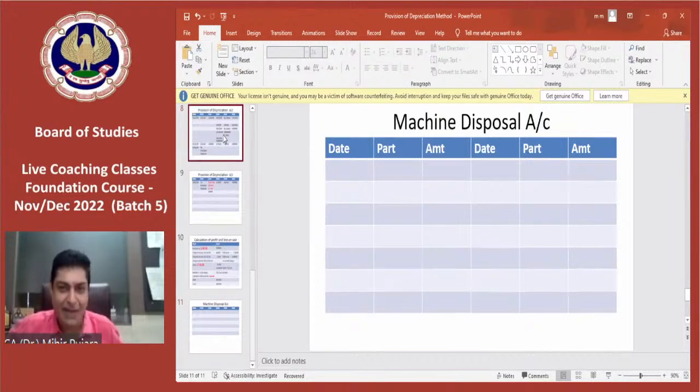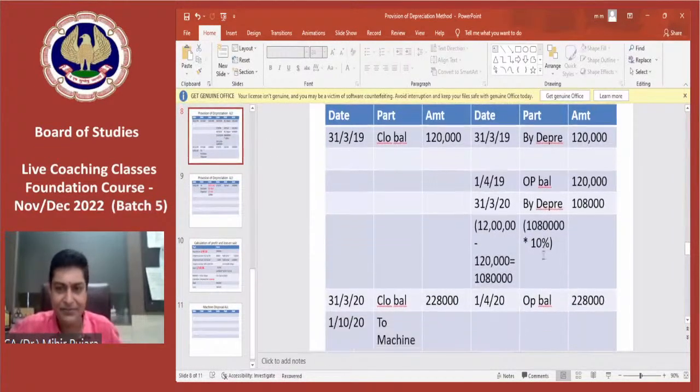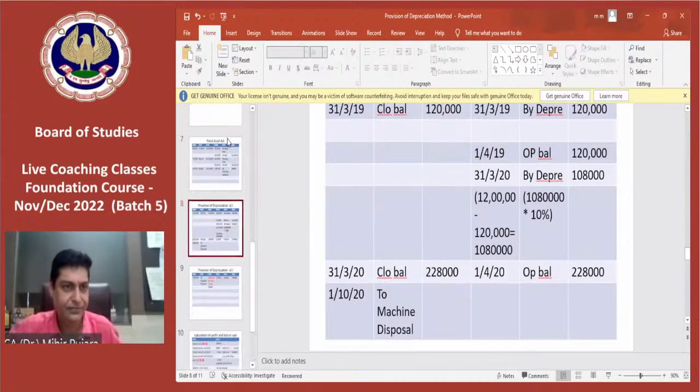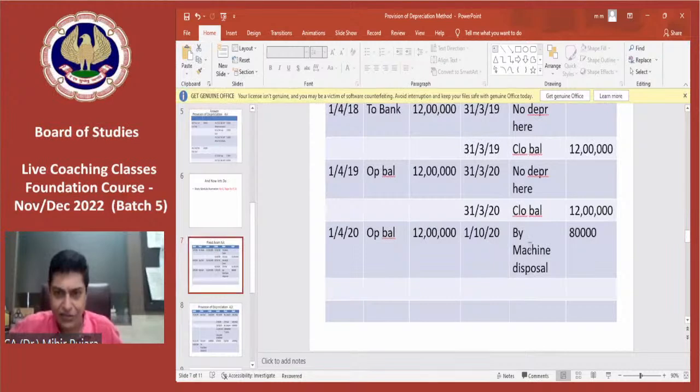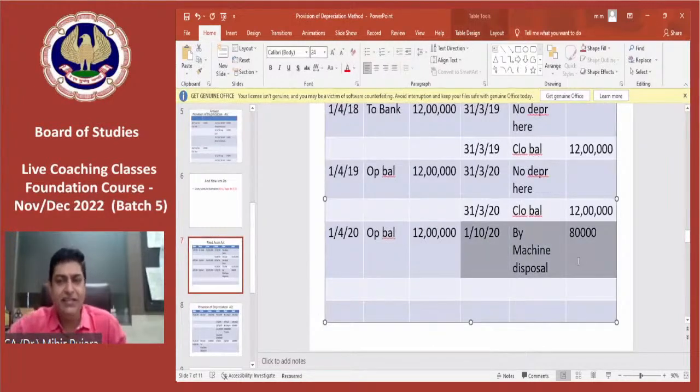First let us do the posting. Here credit, so this 80,000 will be debited in machine disposal.